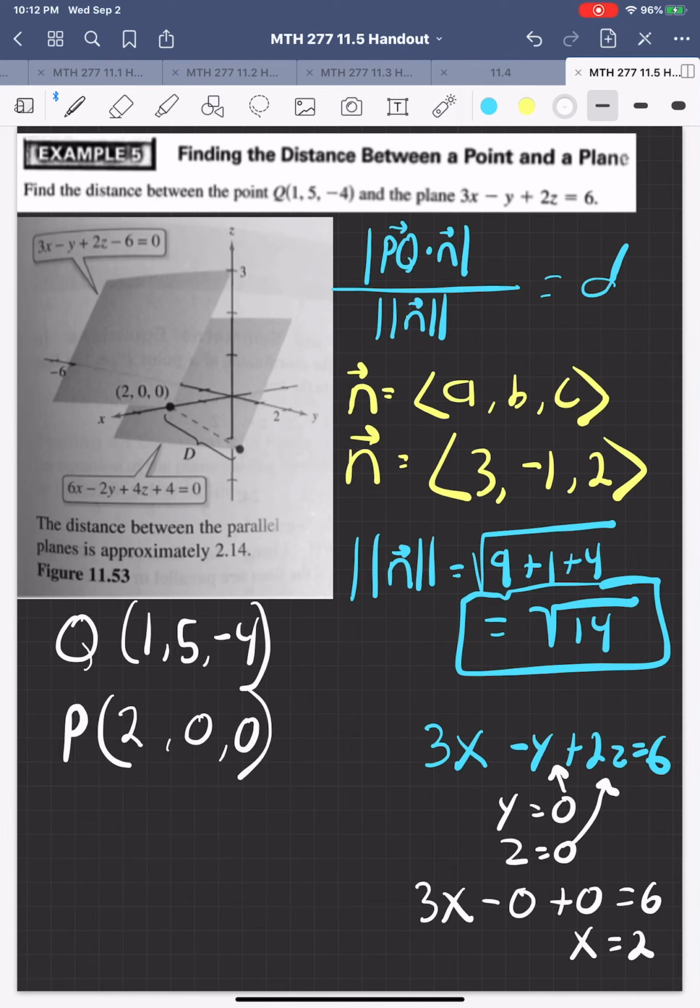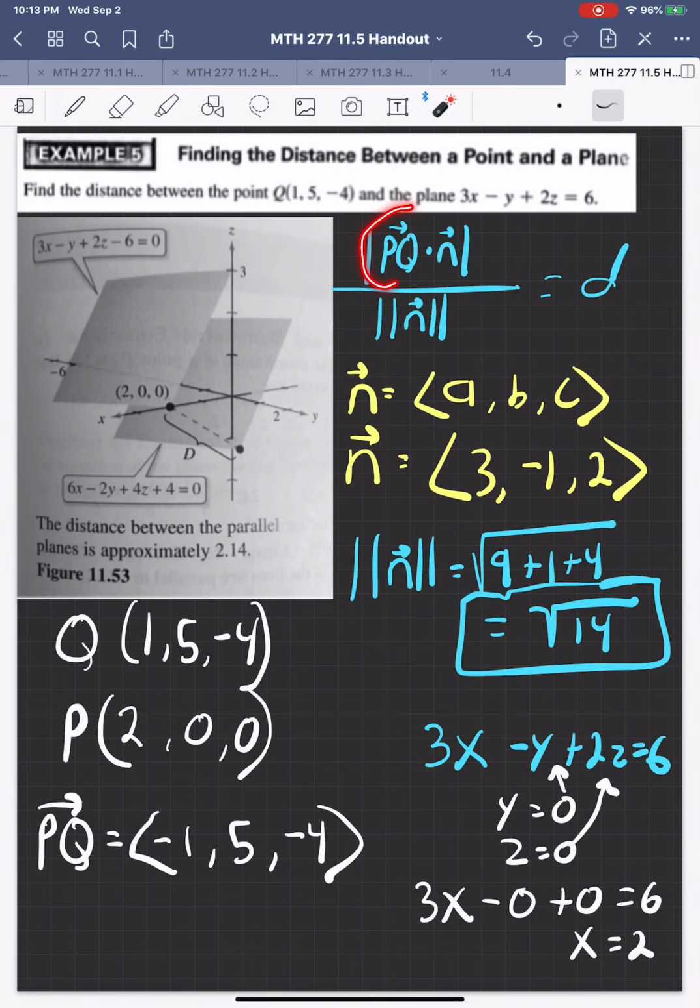And now let's form the vector. We're going to go, let's see here, from P to Q. All right, so 1 minus 2 is negative 1, 5 minus 0 is 5, and negative 4 minus 0 is negative 4. All right. Guess what? You got it all.